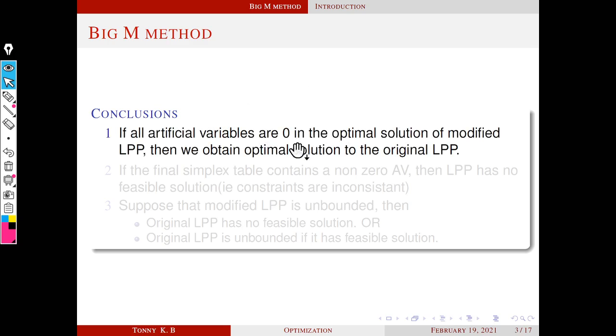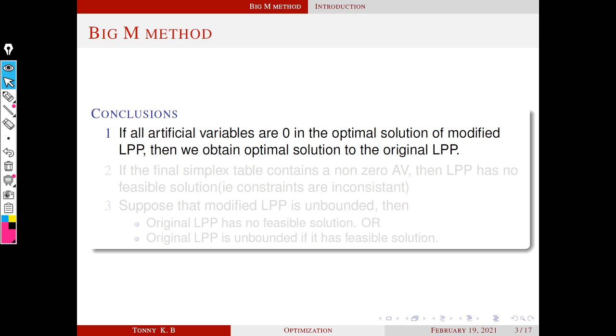If all the artificial variables are at 0 in the optimal solution of the modified LPP, then we obtain the optimal solution to the original LPP. Modified LPP means the LPP involving slack, surplus, and artificial variables. That means the standard LPP.